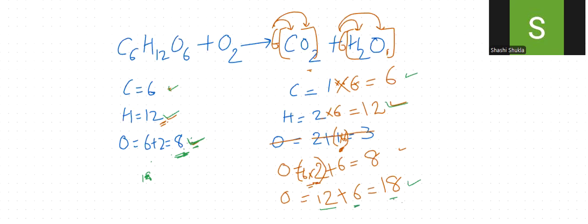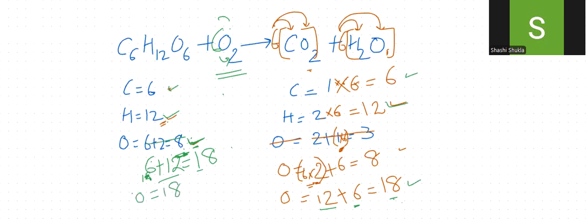So if I put a 6 here, it becomes 12. So 6 plus 12 is 18, right? 6 into 2, 12. This makes it 18. So oxygen becomes 18.